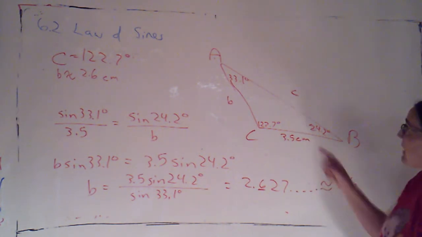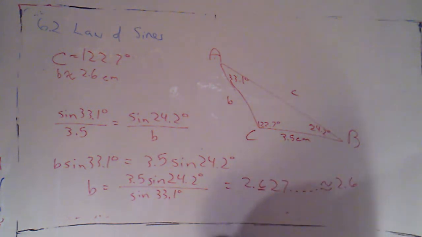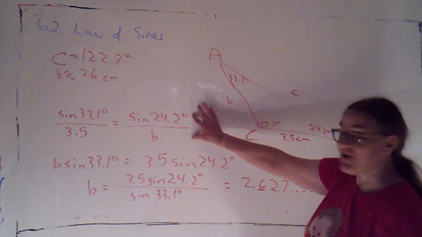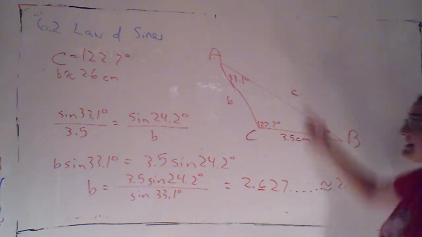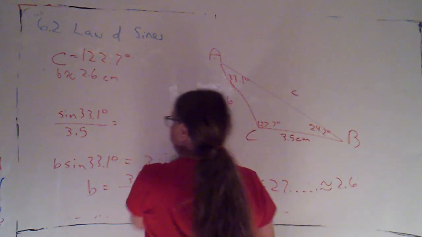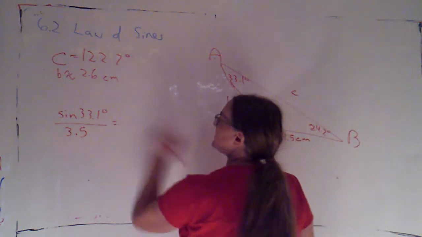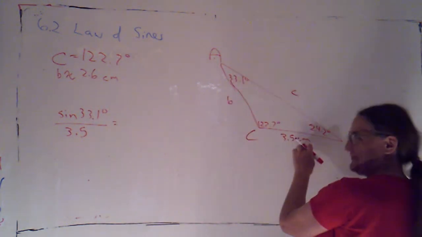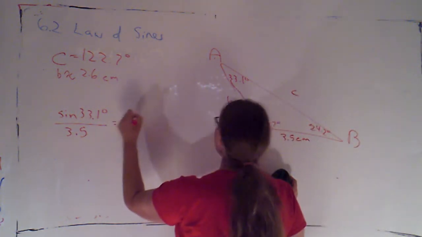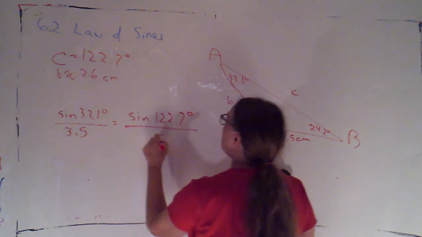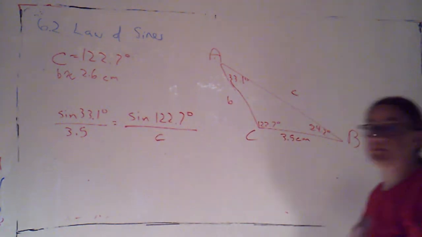Excellent. So now I want to get C. So I'm going to use law of sines again. But now my second ratio is going to involve angle C and side C. So sine of 33.1 degrees over 3.5, that part stays the same. That's sine of 122.7 degrees over C. And again, we cross multiply.